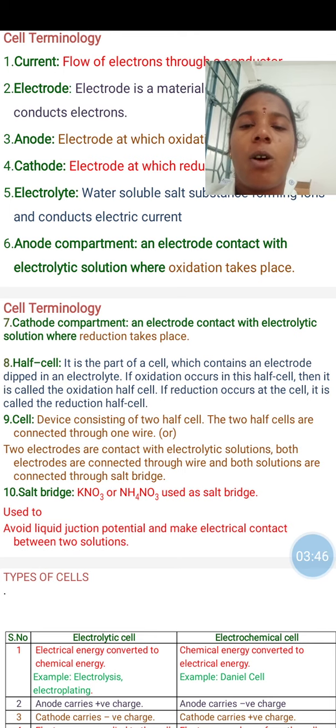A half cell is a part of a cell which contains an electrode dipped in electrolyte. If oxidation occurs in the half cell, it is known as the oxidation half cell. If reduction occurs, it is called the reduction half cell.